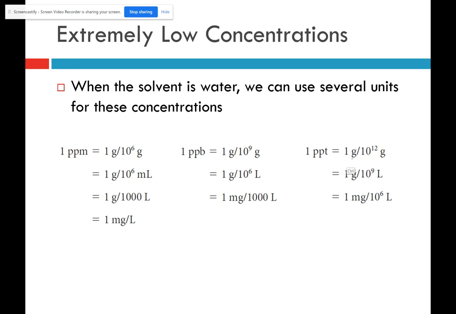And in parts per trillion, only 1 gram of the solute in a trillion grams of solution. For example, if they say you have lead in your drinking water at 2 parts per billion, it means there's 2 grams of lead in 2 billion grams of solution. These are all the same units, just in slightly different measurements.